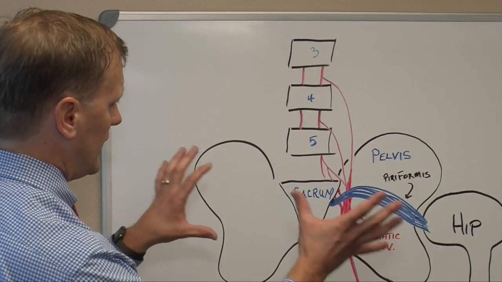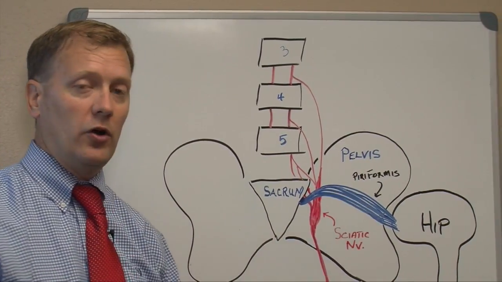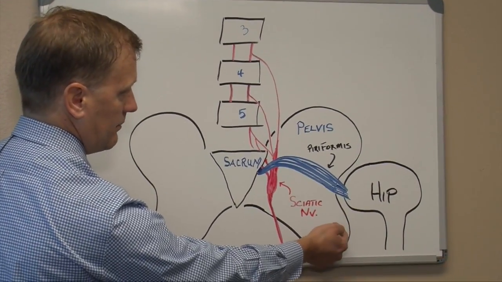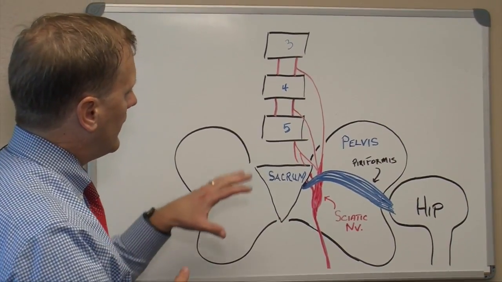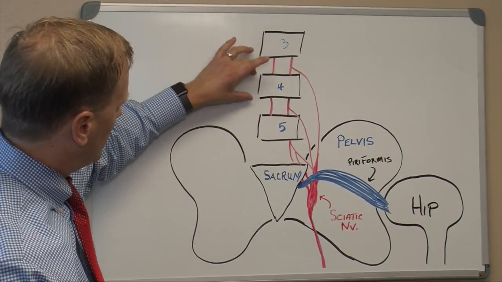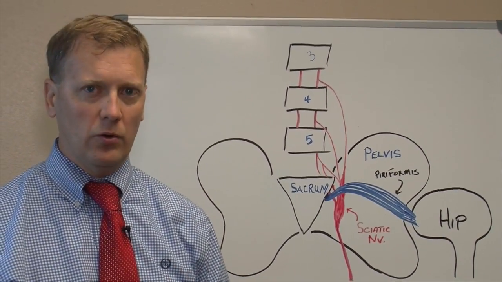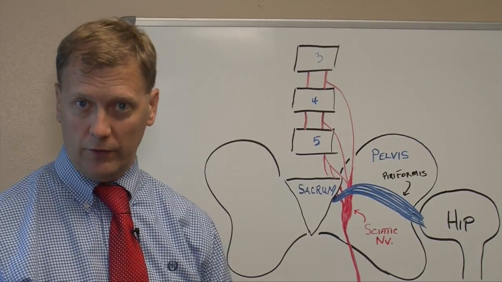And again, remember, we're looking at the back side. This large butterfly-shaped bone is called our pelvis. The hip attaches right into the pelvis, and we go down towards the knee and then the foot. The main job of the bones of the spine is to protect our spinal cord. Off of the spinal cord, we have nerves called nerve roots.